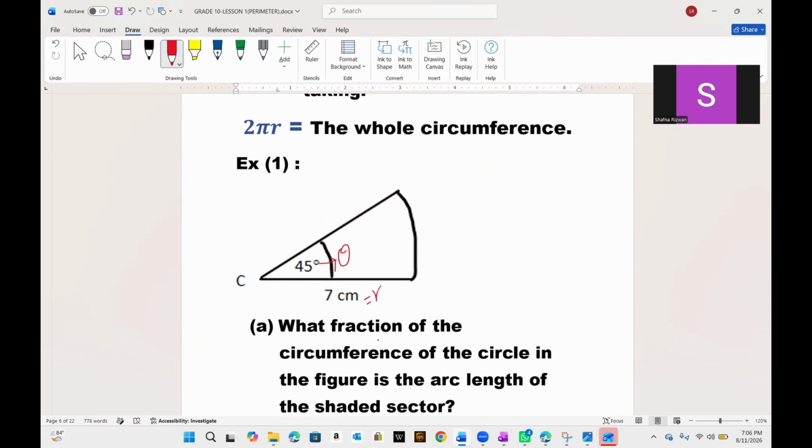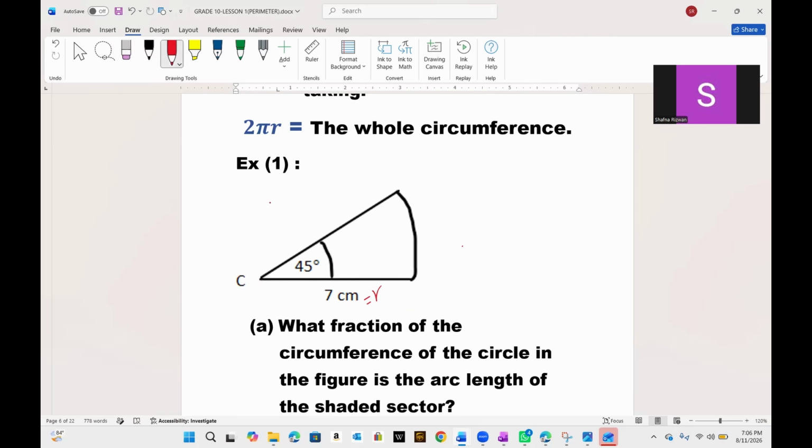So what fraction of the circumference of the circle in the figure is the arc length of the shaded figure? How can you calculate? What are they asking you?